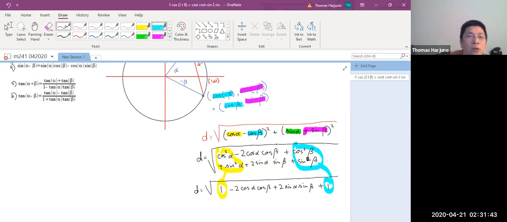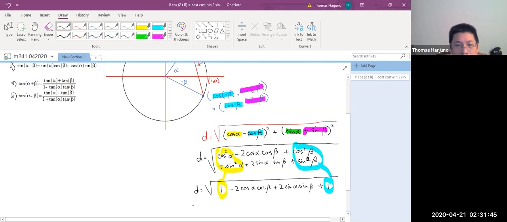So if I simplify one more step, d will be the square root of the first one and the last one added together, which gives 2 minus 2 cosine alpha cosine beta plus 2 sine alpha sine beta.